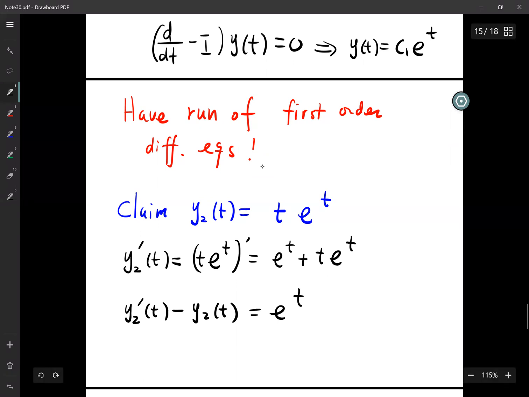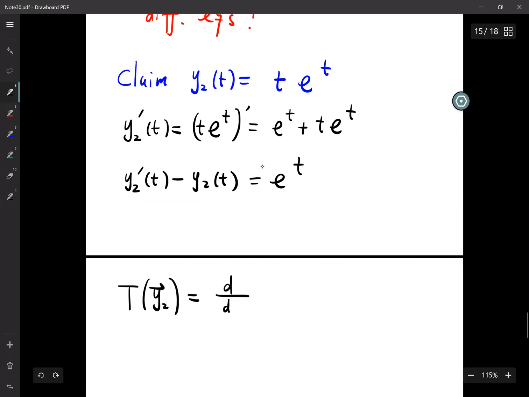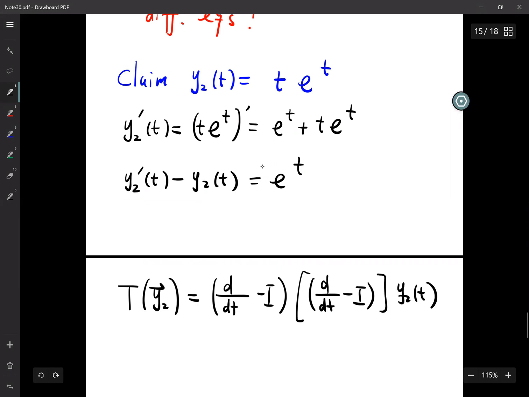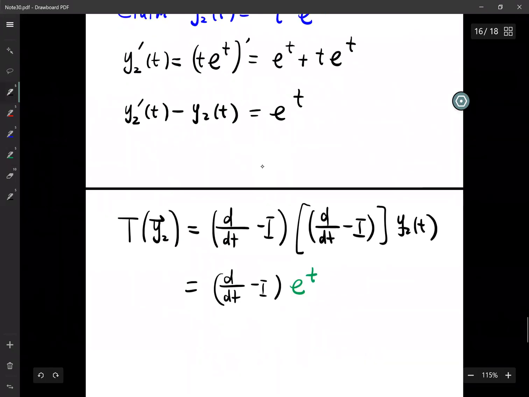So what this is saying is, I could keep computing the second order derivative, but I already know that (d/dt minus 1) applied to y2(t), this calculation shows, is e^t, and therefore applying (d/dt minus 1) again gives 0.